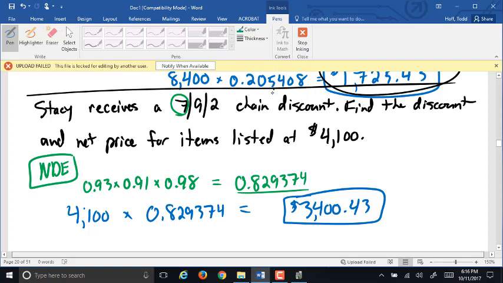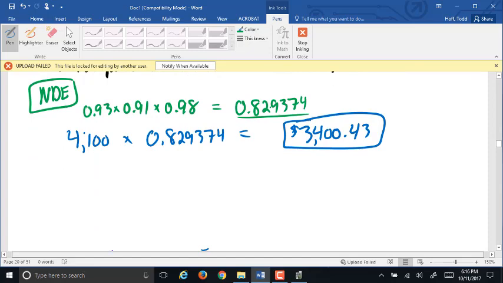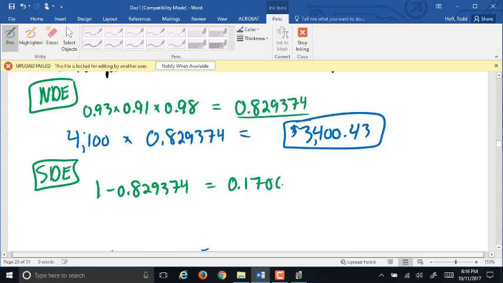Any questions on finding that net price? Okay. Next, the single discount equivalent is just 1 minus 0.829374, otherwise known as 0.170626.